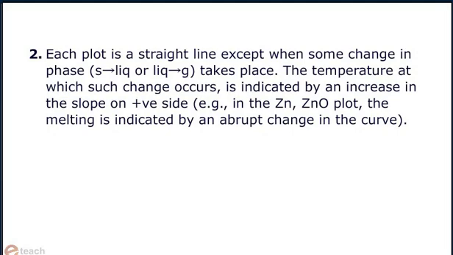The temperature at which such a change occurs is indicated by an increase in the slope on the positive side. For example, in the ZnO plot, the melting is indicated by an abrupt change in the curve.